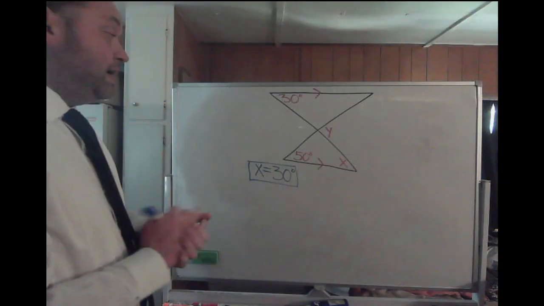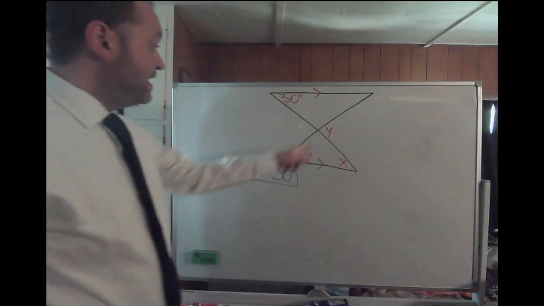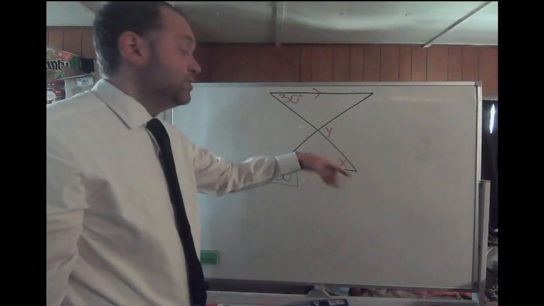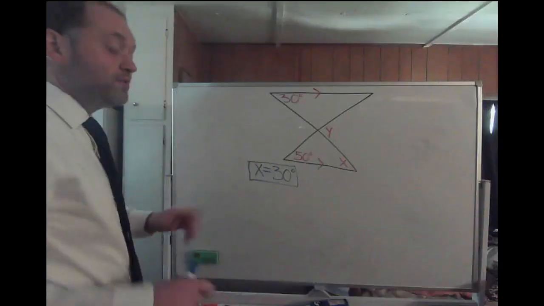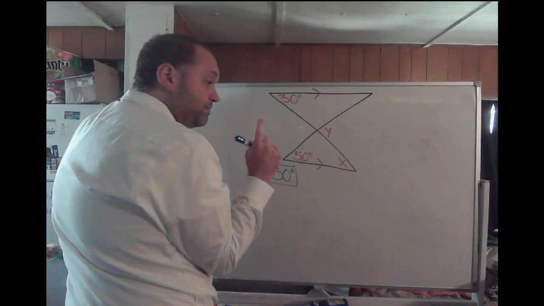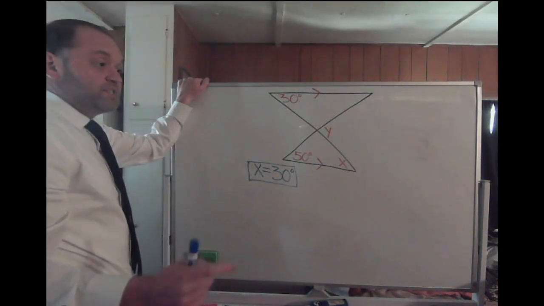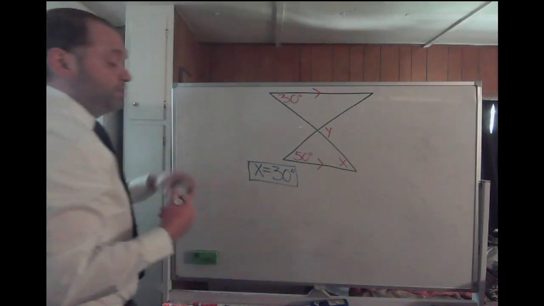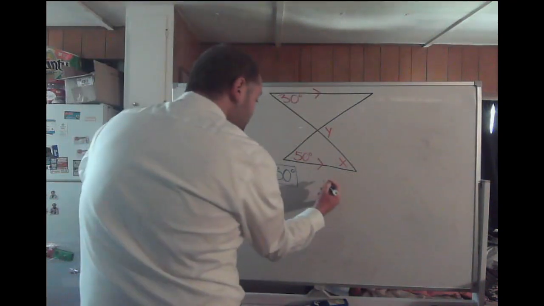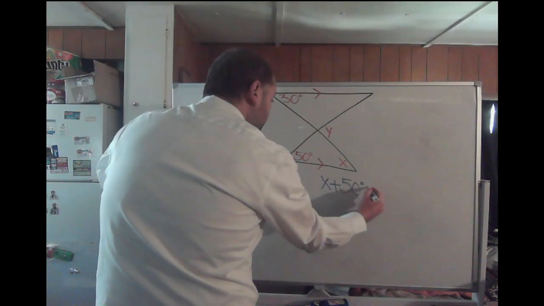Now what about y? Yes, I suppose you could find this missing angle and then add this to get 180 and then solve for y, but why put yourself through that when we can use the theorem that an exterior angle measure is equal to the sum of the two remote interior angle measures? So we know that x plus 50 degrees would equal y.